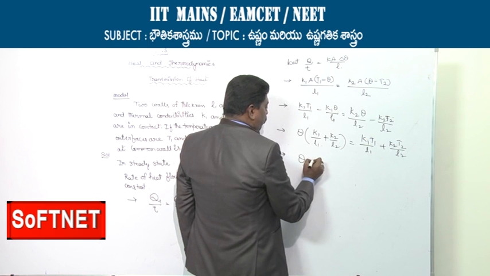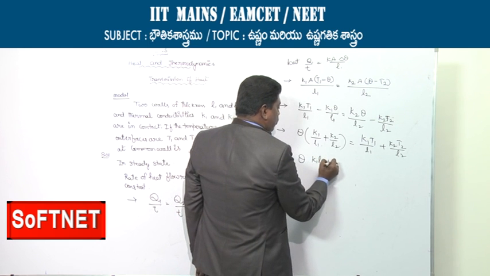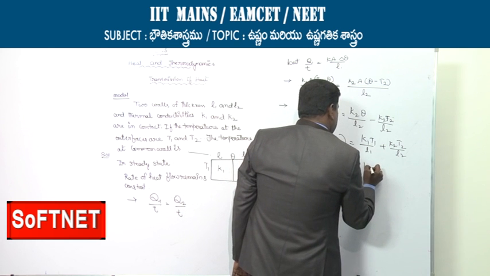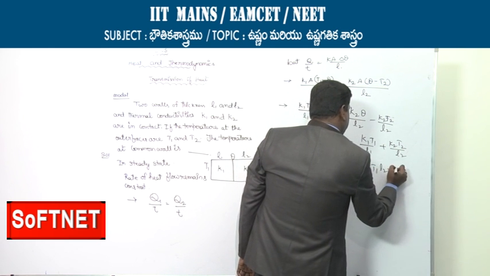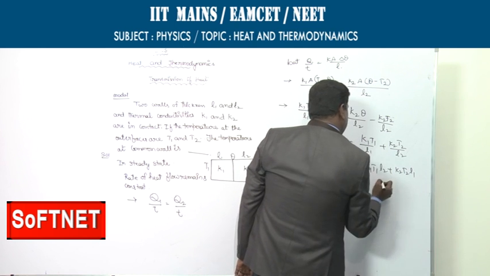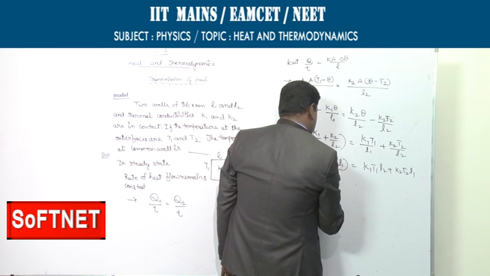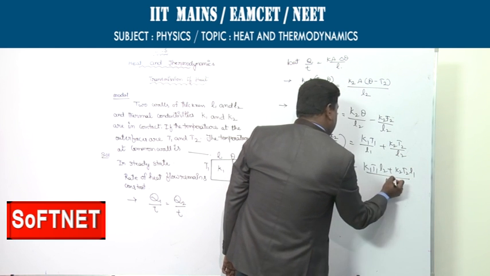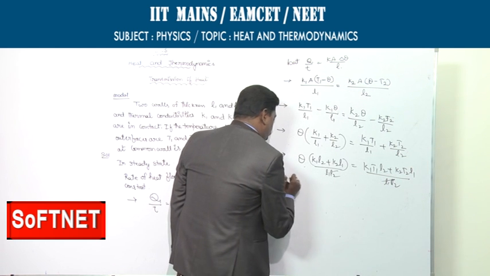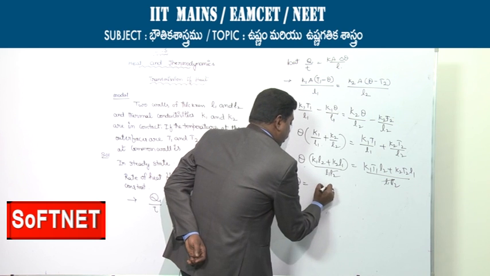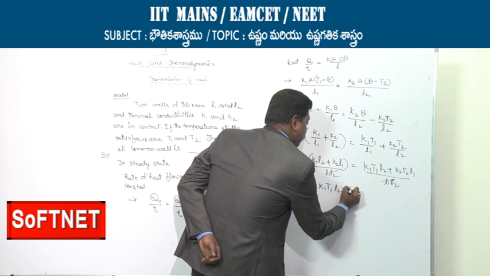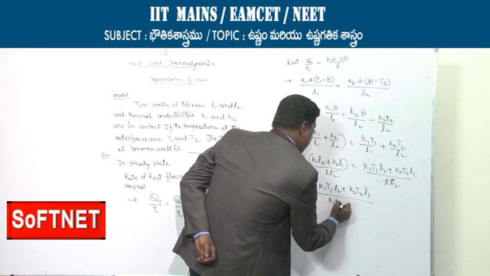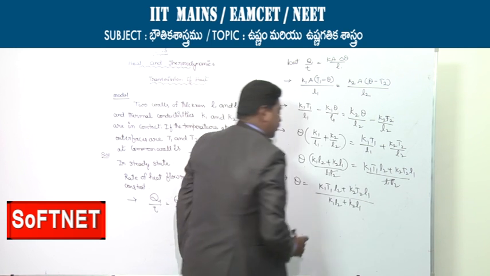Completing the LCM part, we have got theta into K1 L2 plus K2 L1 is equal to K1 T1 L2 plus K2 T2 L1. L1 L2 gets cancelled on both sides. So we have got theta equals to K1 T1 L2 plus K2 T2 L1 by K1 L2 plus K2 L1.